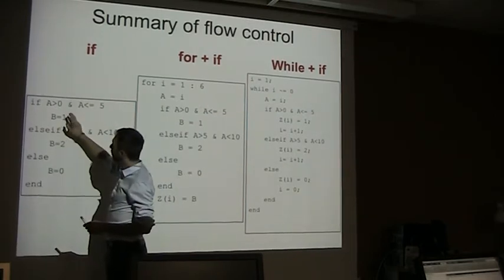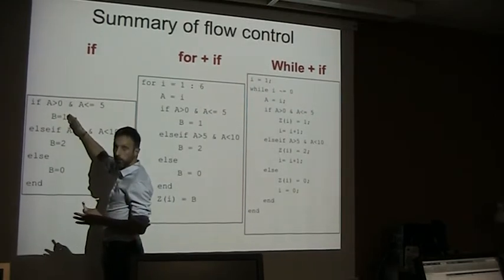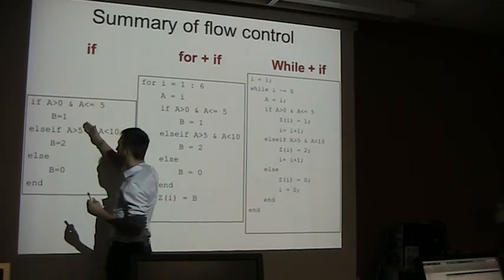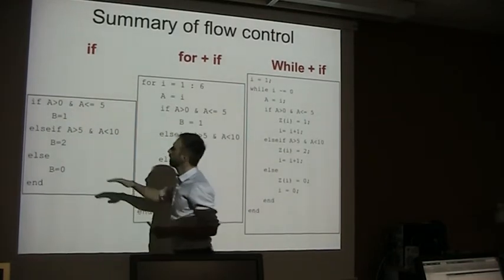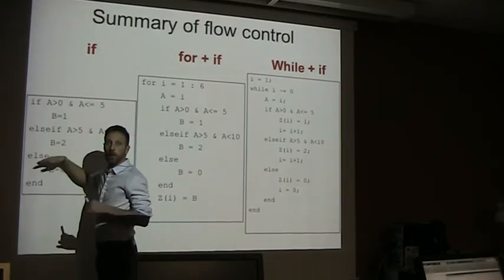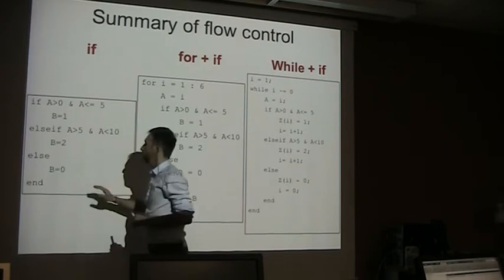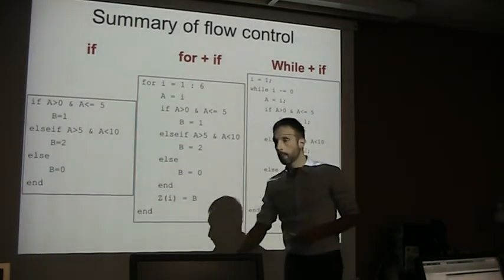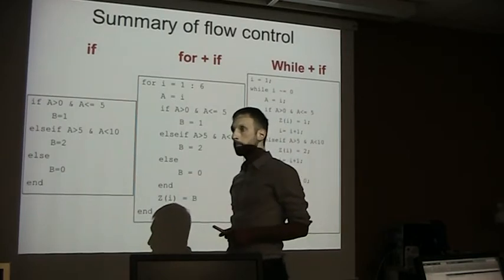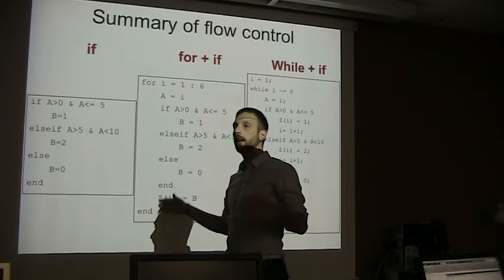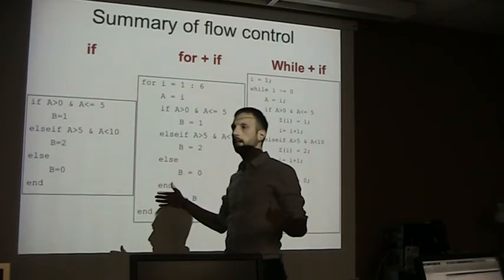Next line, we put what instructions Matlab should do. Here it's create b equal to 1. If you have another test, we use else if. If you have all other possibilities, we put else. Always end with end. If we have an if statement nested in an if statement, we need 2 ends at the end. And if you have 10 nested if statements, you need 10 ends.